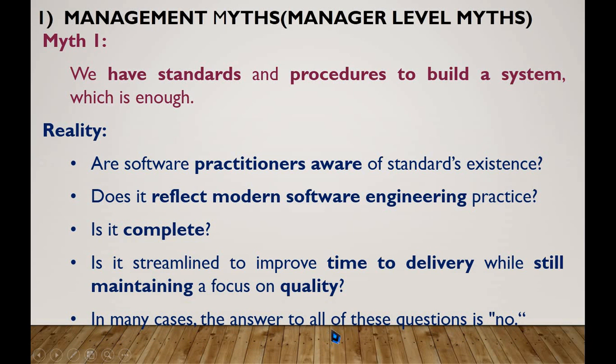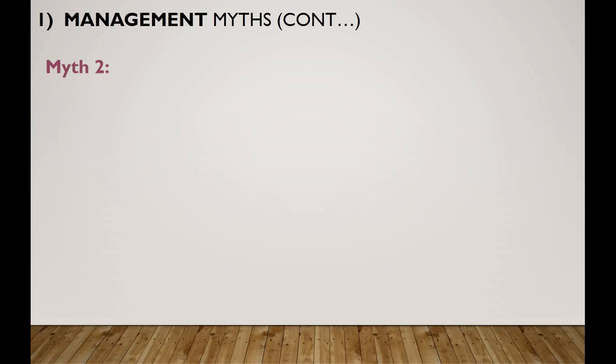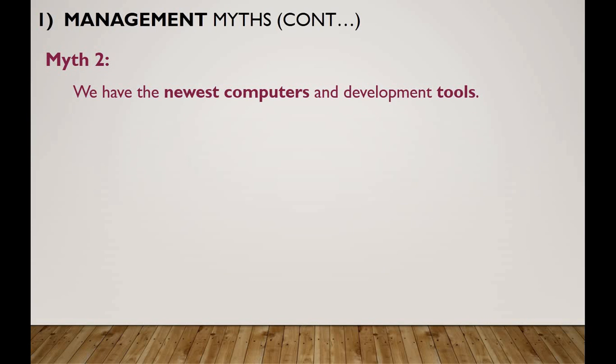In many cases the answer to all these questions is no. So if management thinks that they have standards and procedures to build a system and that is enough for product development, then that is a myth for management, because they will have to know each and every thing that we have discussed here.